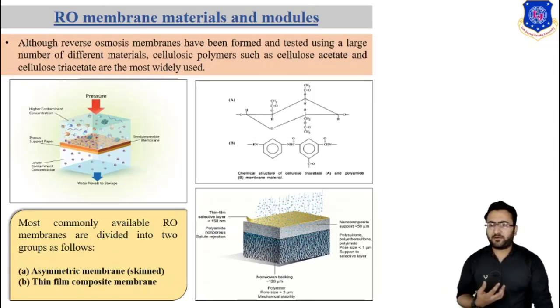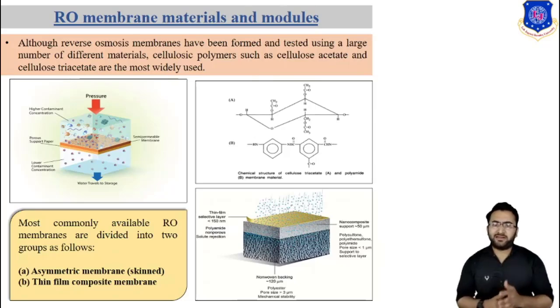Now let's discuss the second type of membrane, which is the thin film composite membrane. This membrane consists of a thin polymeric barrier layer formed on one or more porous support layers, which is almost always a different polymer from the surface layer. Here also the surface layer determines the flux, whereas the porous backing acts as a mechanical support.